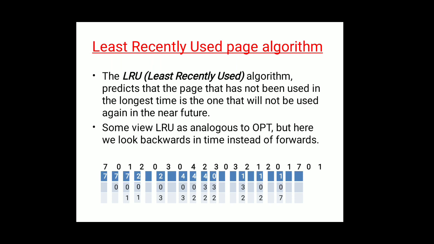Similarly, this process continues, and we are going to replace the page which has not been used for the longest period of time, searching in a backward direction, and the number of page faults occurring in LRU is 12. So 12 page faults will occur in the least recently used page replacement algorithm.